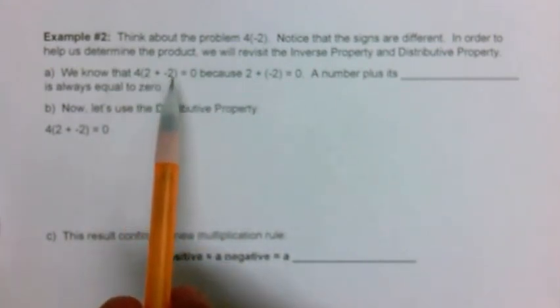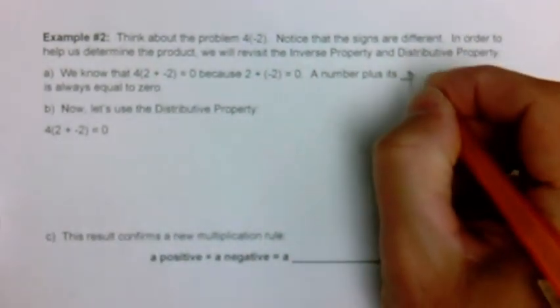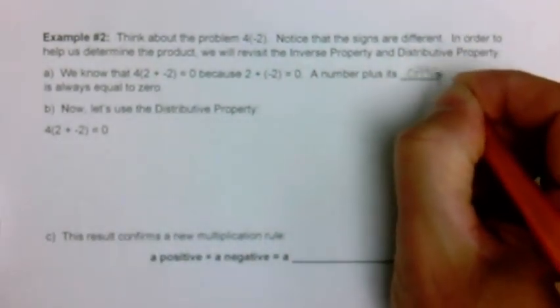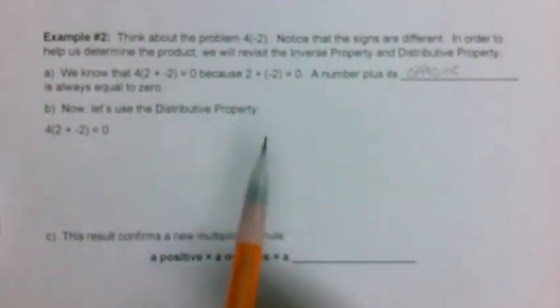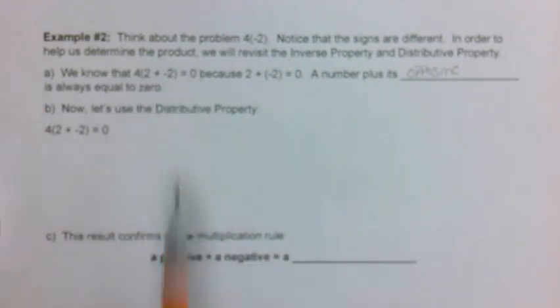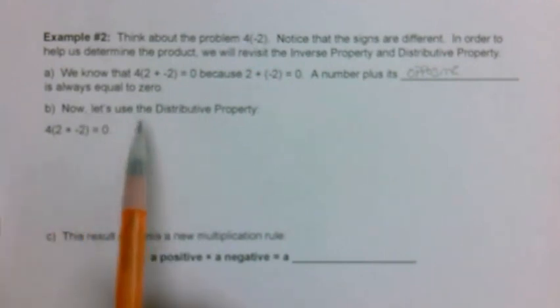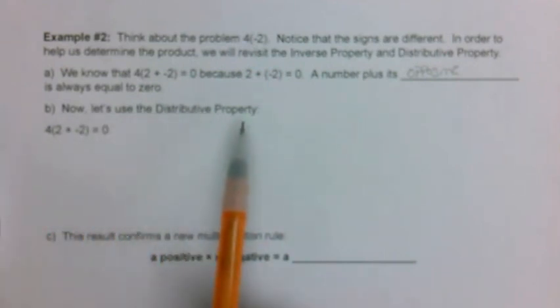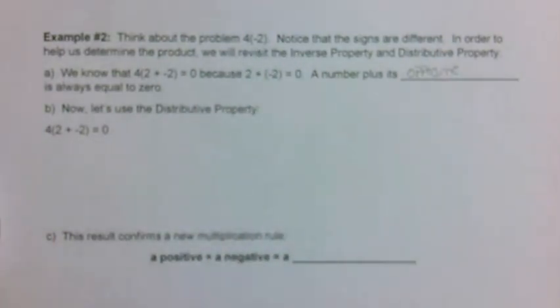A number added to its opposite is always 0. Since this is 0 in the parentheses, 4 times 0 must equal 0. Let's take this problem and use the distributive property so that we can figure out what a positive multiplied by a negative is going to be.